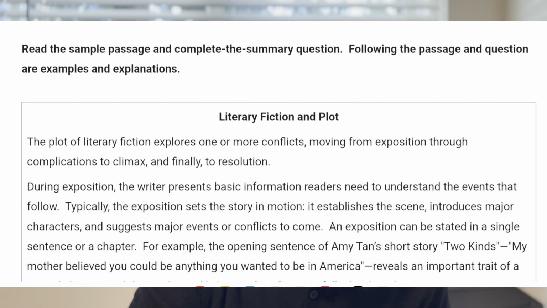So this is the passage about literary fiction and plot, right? The plot of literary fiction explains one or more conflicts moving from the exposition to complication to climax and finally to resolution. The question is: below is the introductory sentence, a brief summary of the passage.